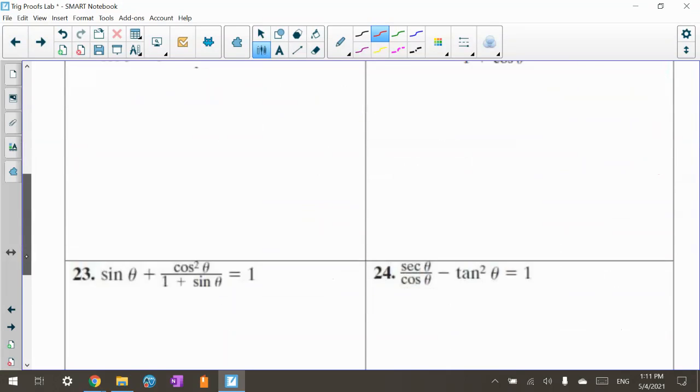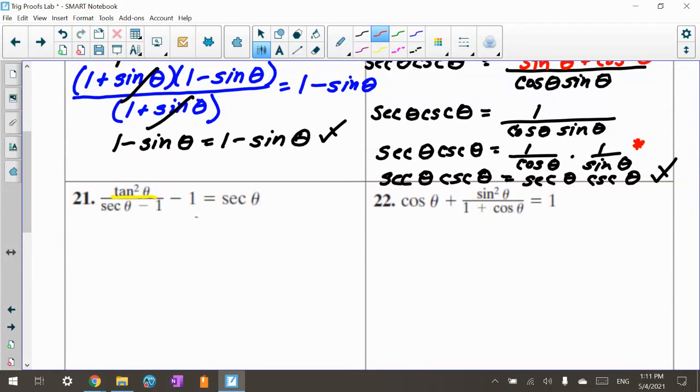Okay, so right here in the tangent squared, I'm going to put secant squared theta, not x, almost wrote x, minus 1 all over secant of theta minus 1. And that kind of gave me the idea that then I have another minus 1 here equals secant theta.